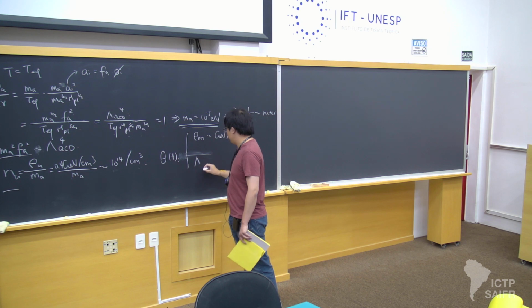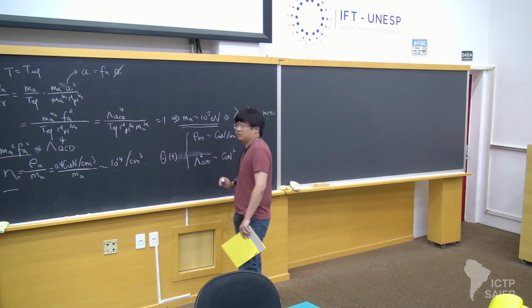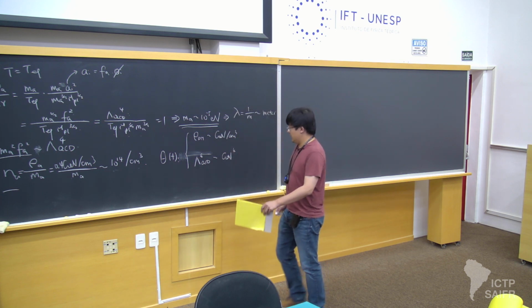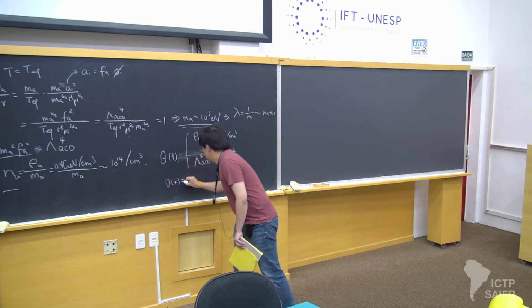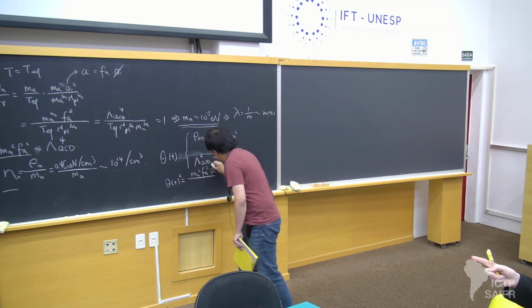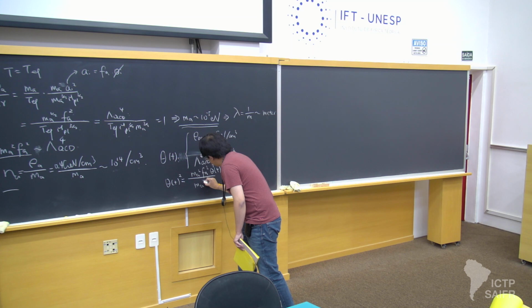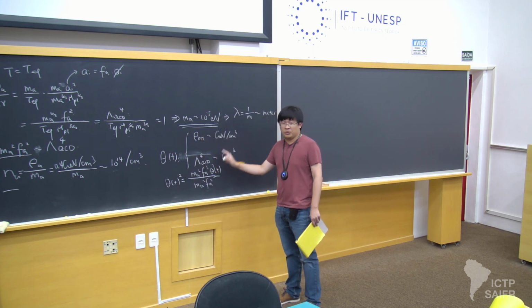And the potential size is Lambda_QCD to the 4, which is roughly a GeV to the 4. So theta_t squared is equal to m_a squared theta_t squared over that. I basically multiply both sides by 1.